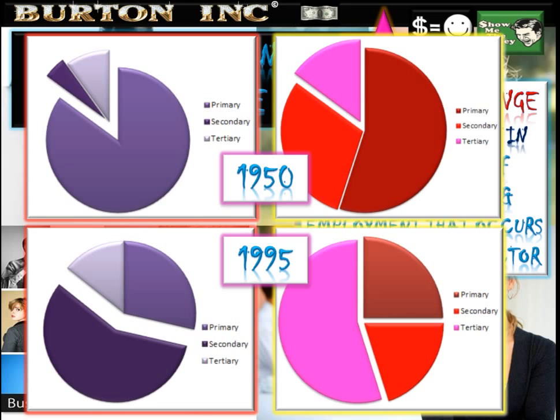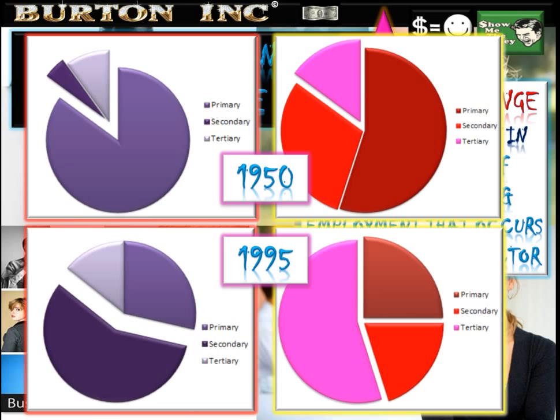So New Zealand had a large primary sector, the secondary sector was growing and tertiary was becoming somewhat developed. 1950s in China, primary sector accounting for the vast bulk of economic activity that was going on in that country. Tertiary sector small but larger than the tiny secondary sector.